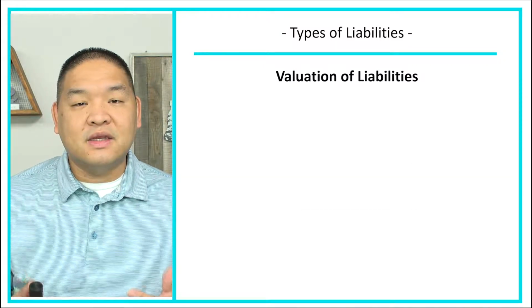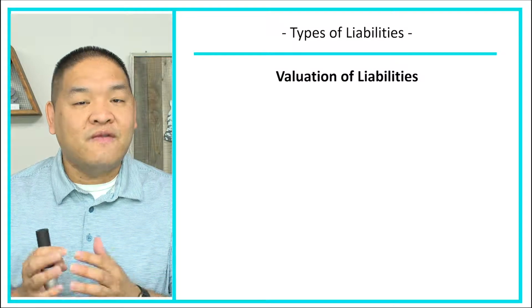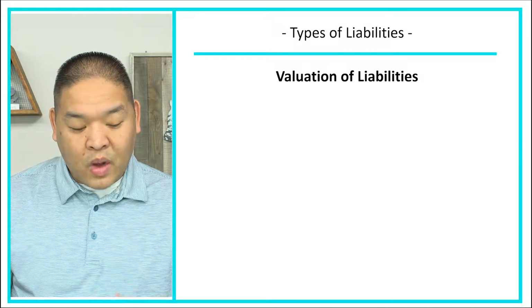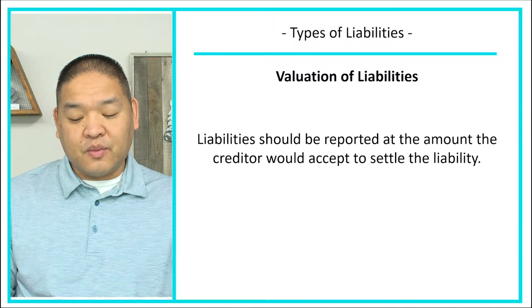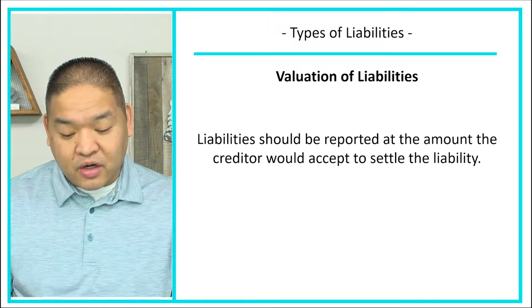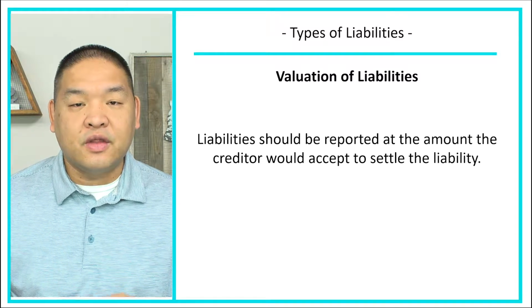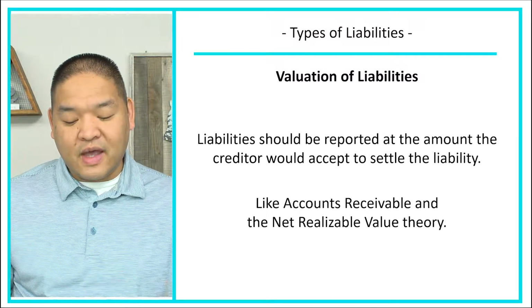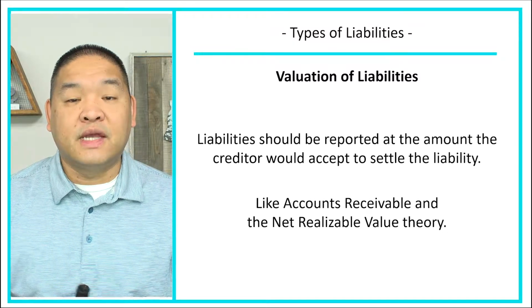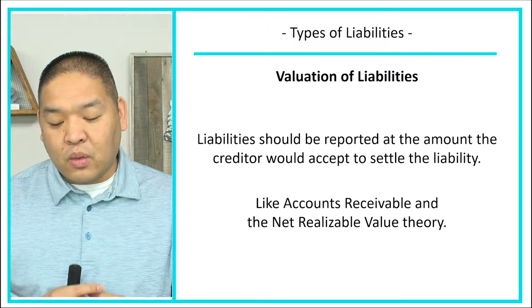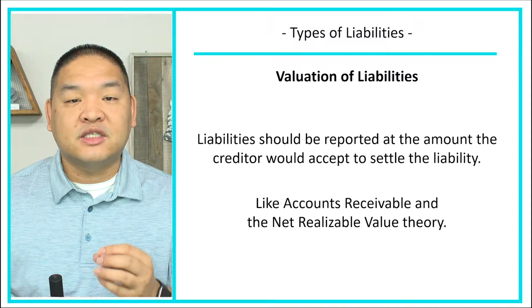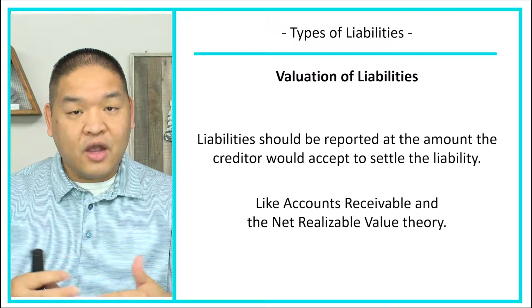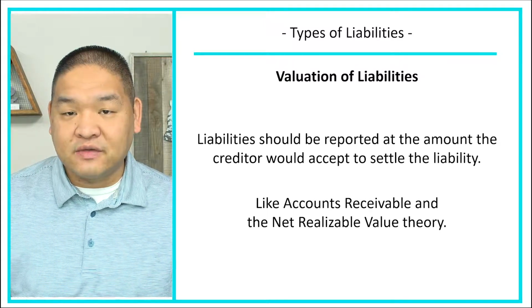Now, one of the key things about liabilities is how we value them in our books. Liabilities should be reported at the amount that the creditor would accept to settle the liability. This is kind of like accounts receivable and the net realizable value theory. What we're saying here is that we're going to report liabilities at what we expect to have to pay or give up that would satisfy the creditor.